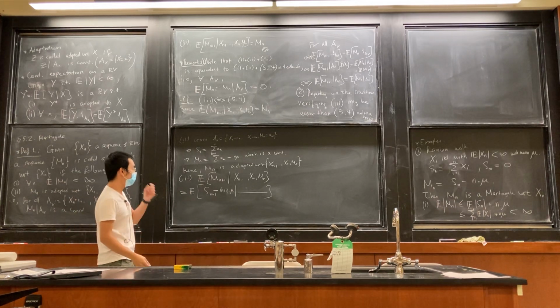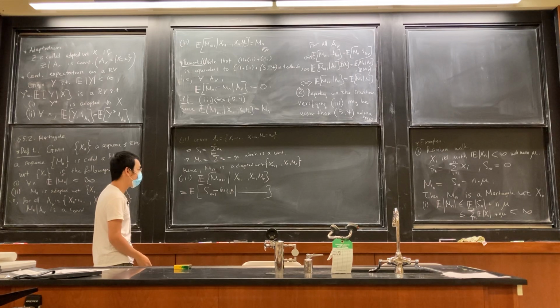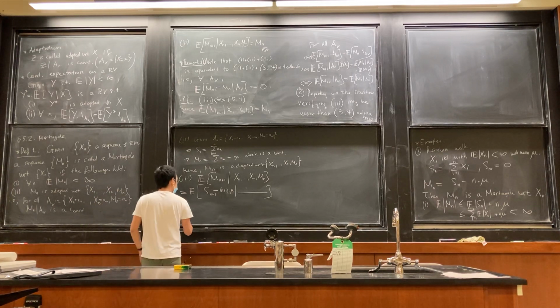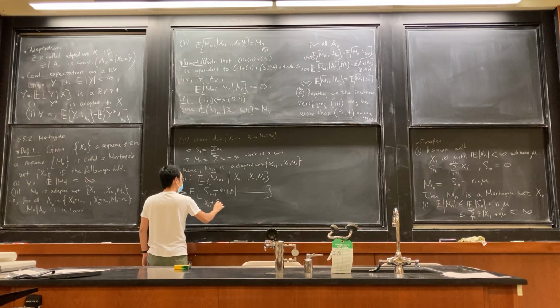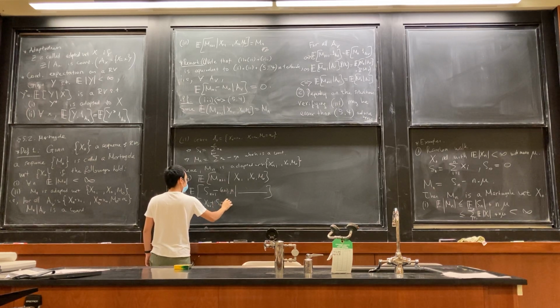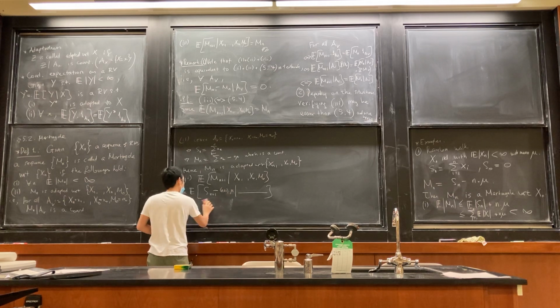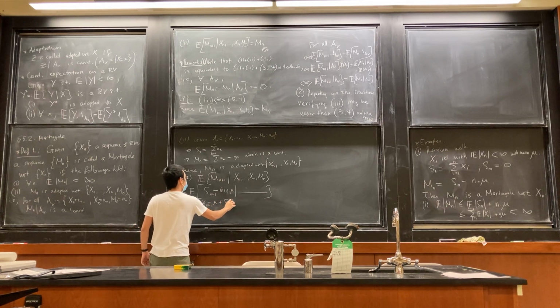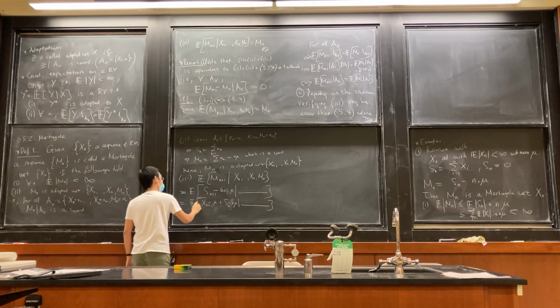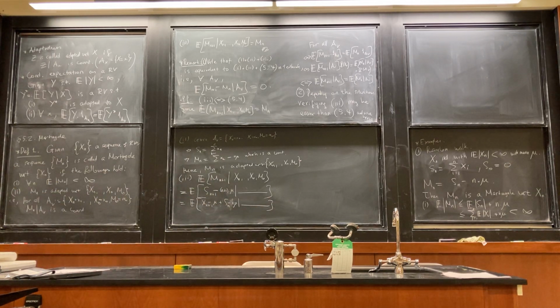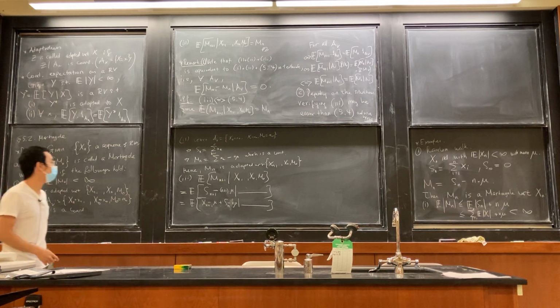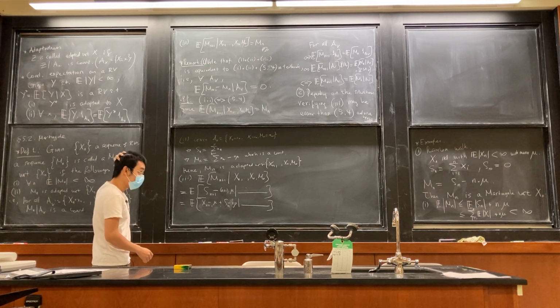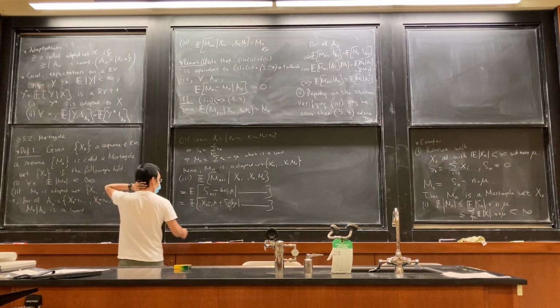Then I go one step further to have M_n show up. Maybe do this: X_{n+1} plus S_n minus n mu, maybe that is better, because S_{n+1}, the sum of the X_i up to n+1, can be split into this.